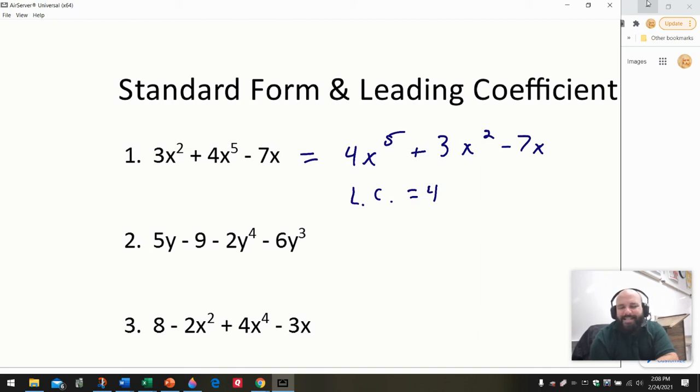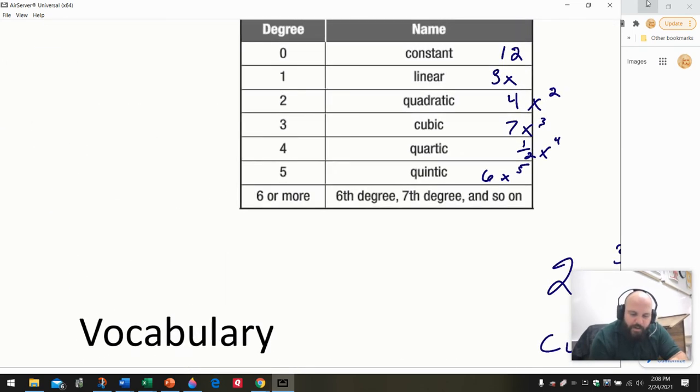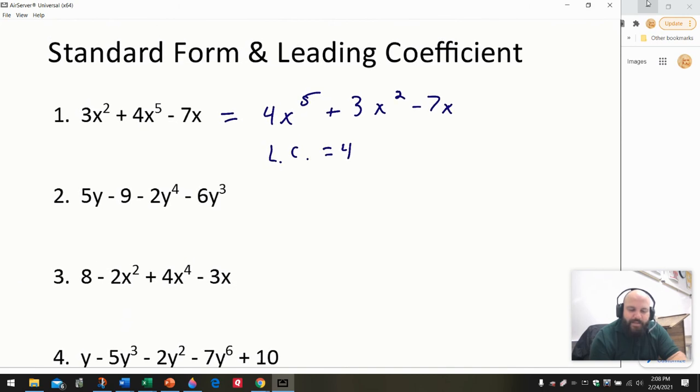Now, if I wanted to classify this, and it doesn't ask us to do that in the directions, but I'm going to go ahead and do that anyways. You classify this with 2 names. The first name is how big of a power do we have? And that's the fifth power. So if you look up here, when we have the fifth power, that is called a quintic. And the second thing that we classify this with is how many terms we have.